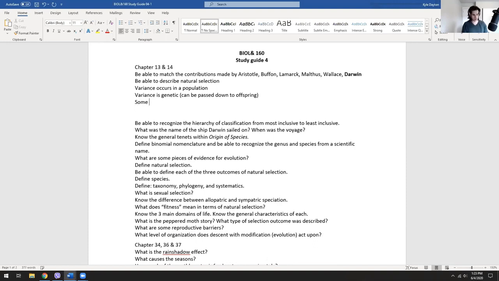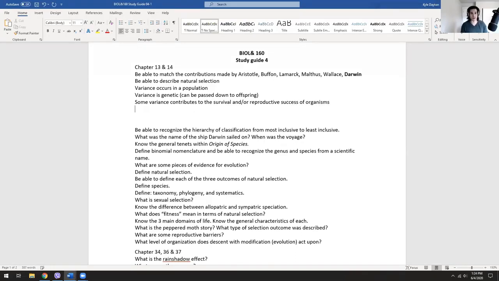Some variance contributes to the survival and or reproductive success of organisms.